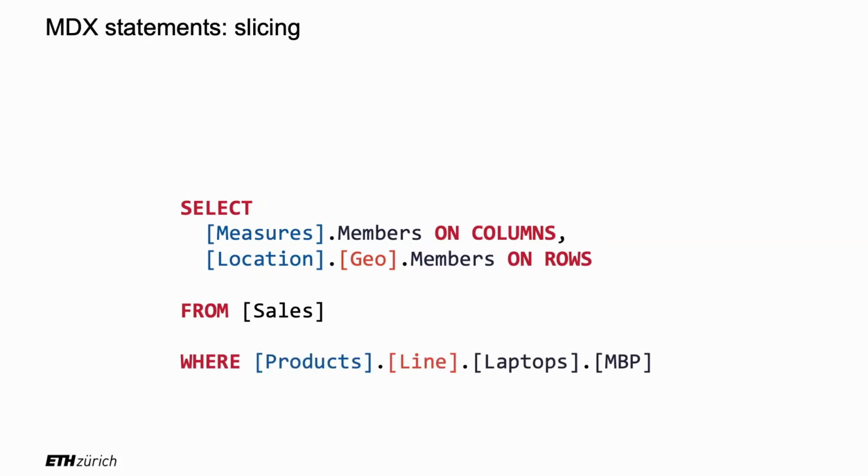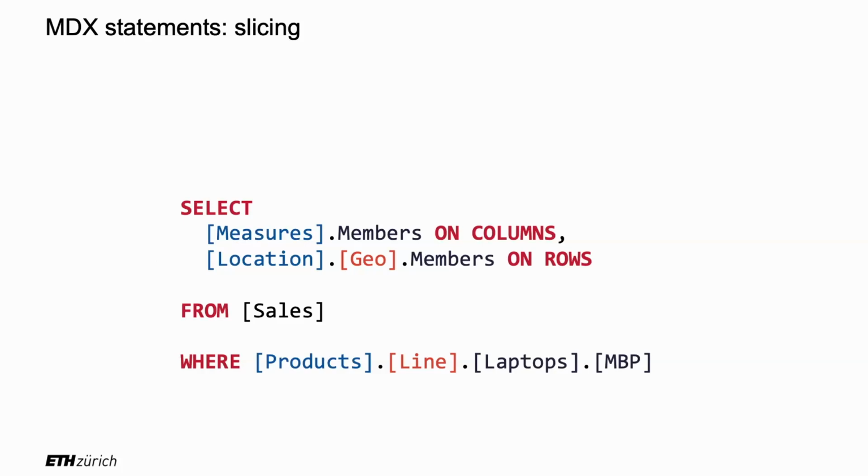Okay, that's slicing. Slicing is with the where clause, which is a quite natural thing to do, given that also in SQL, when you compile it to SQL, that also lands in a where clause. So here I'm filtering and slicing on the MacBook Pros for Apple, and I'm putting on the rows all the profit, revenue, and so on. That's probably my balance sheet. And then I have the columns by location, right?